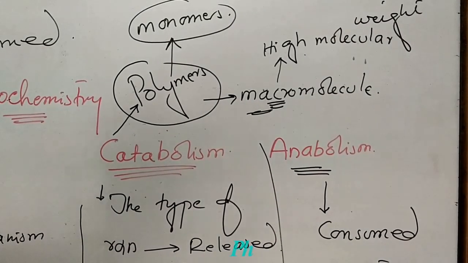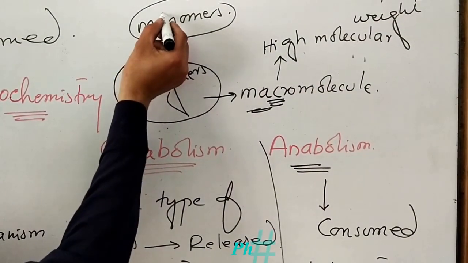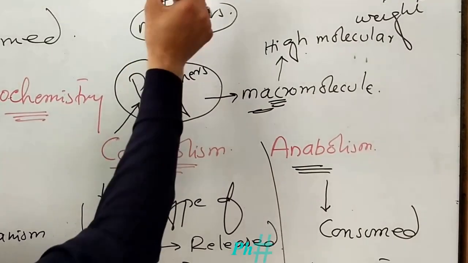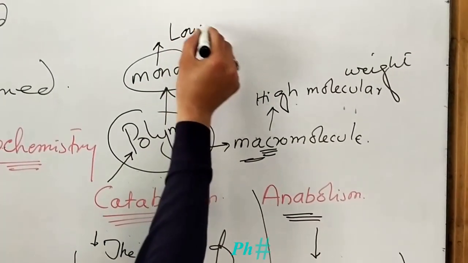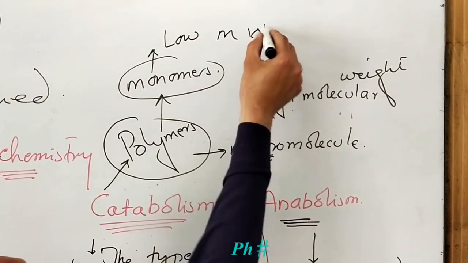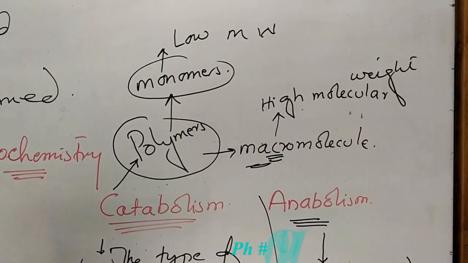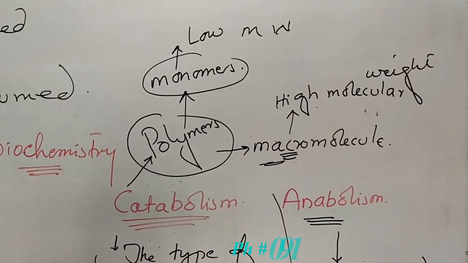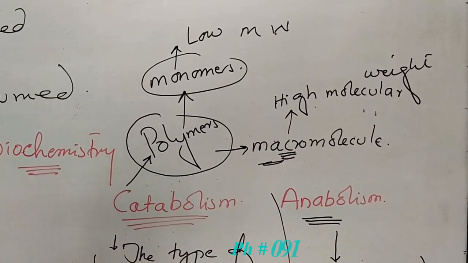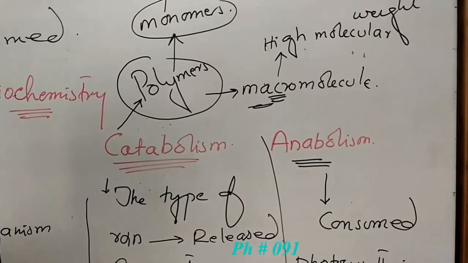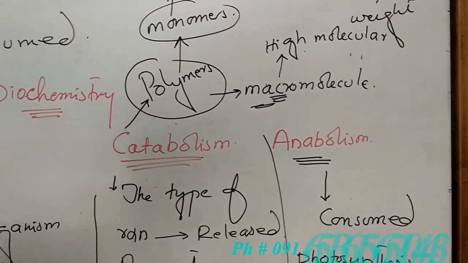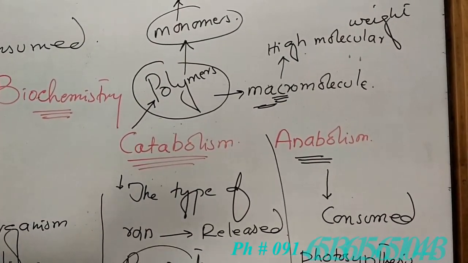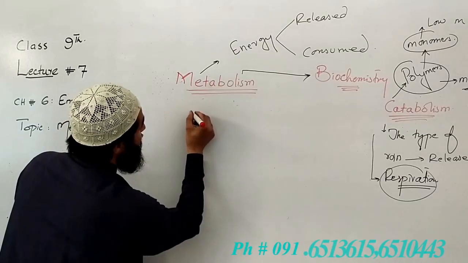Macromolecules. And all of you know about the monomers, that a molecule having low molecular weight is known as what? Monomer. So the reaction in which the polymers are converted into monomers and in which the energy is released is known as catabolism.